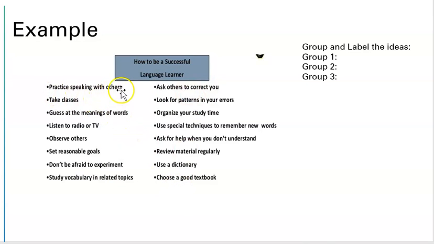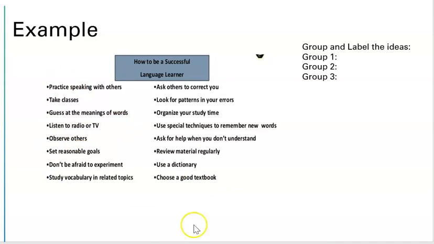So: practice speaking with others, take classes, guess at the meaning of words, listen to radio or TV, observe others, set reasonable goals, don't be afraid to experiment, study vocabulary in related topics, ask others to correct you, look for patterns in your errors, organize your study time, use special techniques to remember new words, ask for help when you don't understand, review materials regularly, use a dictionary, choose a good textbook. So these are the many items that the student has listed.